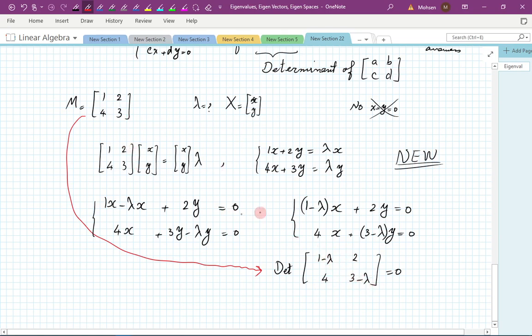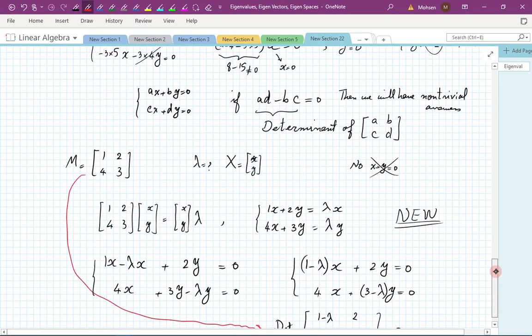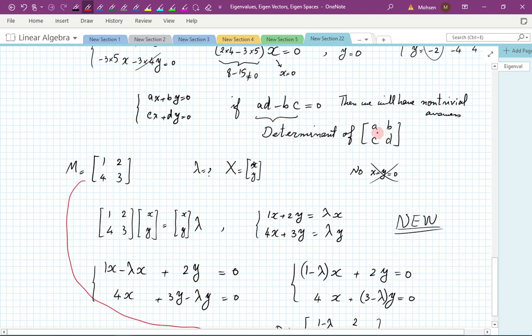So if you want to bypass all the stuff in the middle, I don't recommend it, but if you're in a rush and you have to, here is the shortcut. You take your matrix, you subtract lambda from the diagonal, and what was the determinant? The determinant is simply the product of these two minus the product of these two. The determinant is AD minus BC.